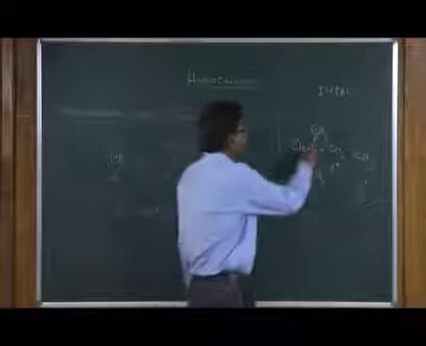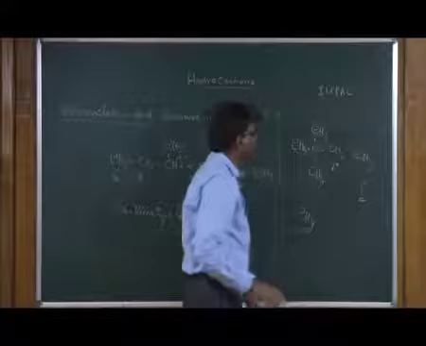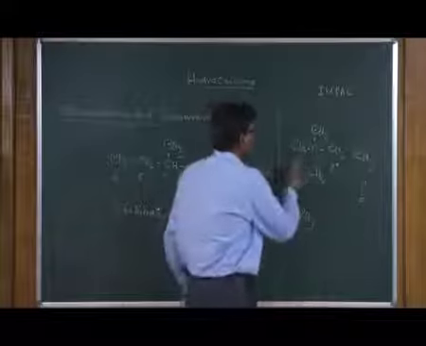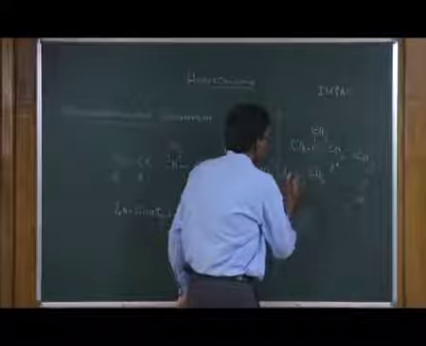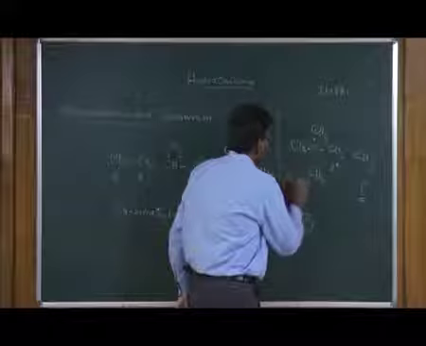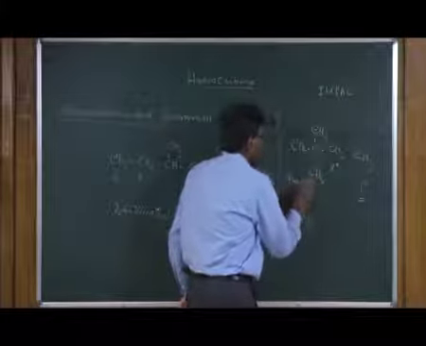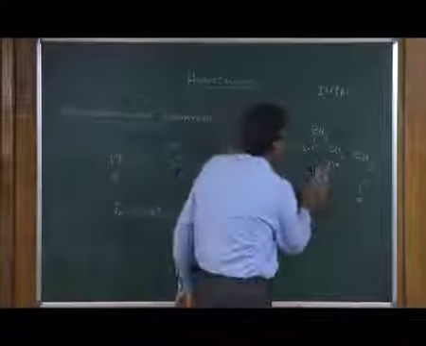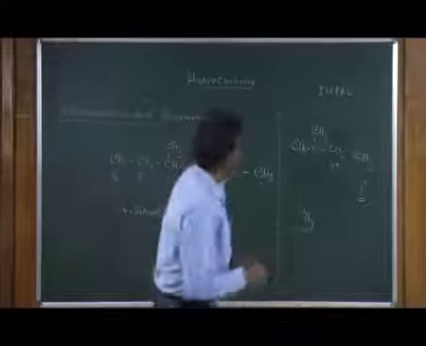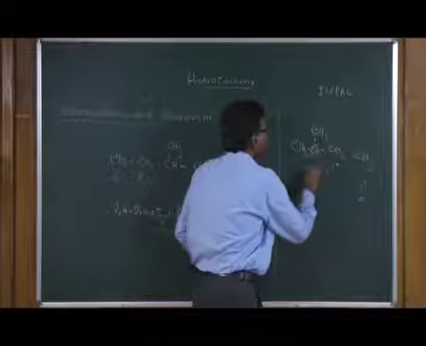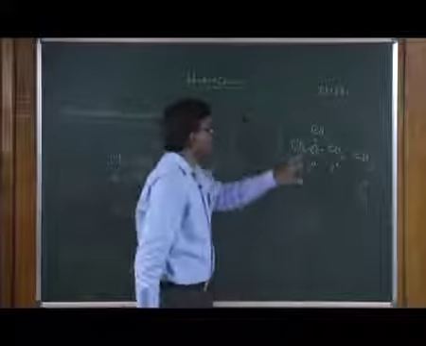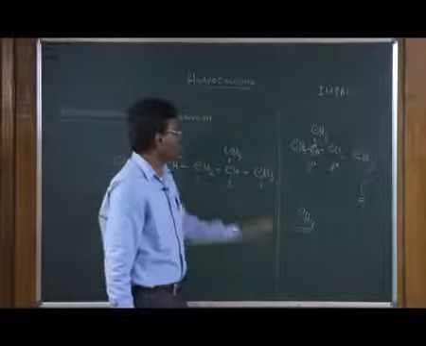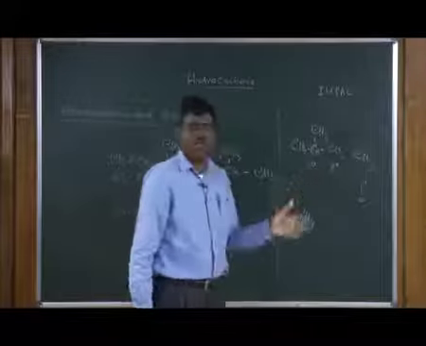When the carbon is bonded with four carbon atoms, this is called a quaternary carbon atom. On the other hand, this is called a tertiary carbon atom, which means this carbon is bonded with three carbon atoms, and if it is bonded with another carbon, we call it a quaternary carbon atom.